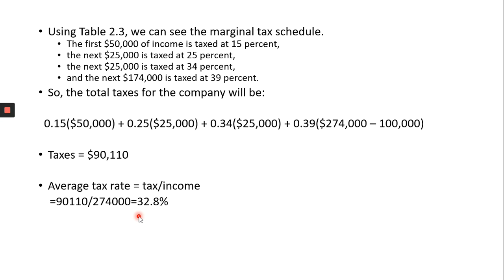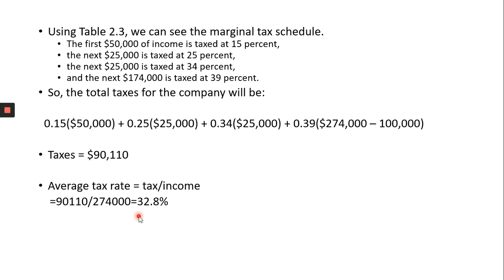Now, if you want to know the marginal tax rate: let's say the company's taxable income is $274,000 at this moment, and the company now has $1,000 of extra taxable income. We add this $1,000 to $274,000, so now the total is $275,000. Marginal tax means the tax rate for this extra $1,000.